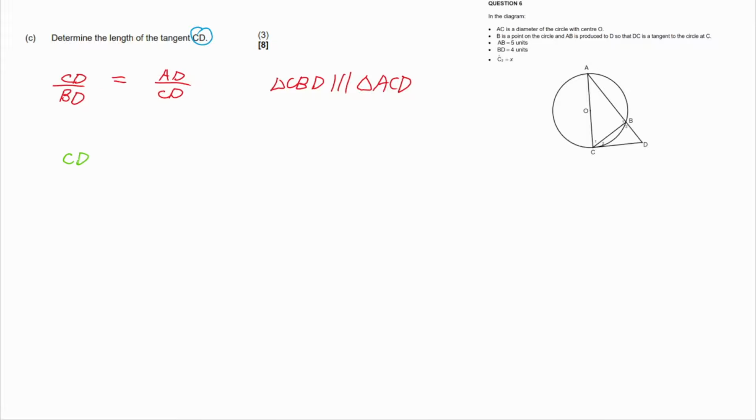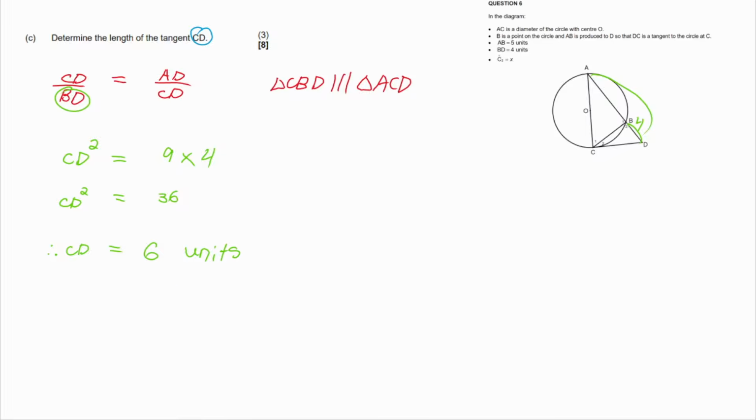We can cross multiply, so we get CD squared is equal to AD, which is 9, times BD, which was 4. 9 times 4 is 36, so CD squared is equal to 36, therefore CD is equal to 6 units.